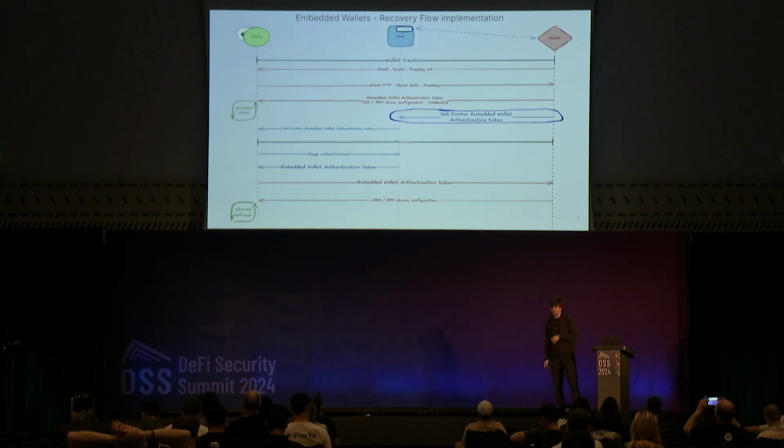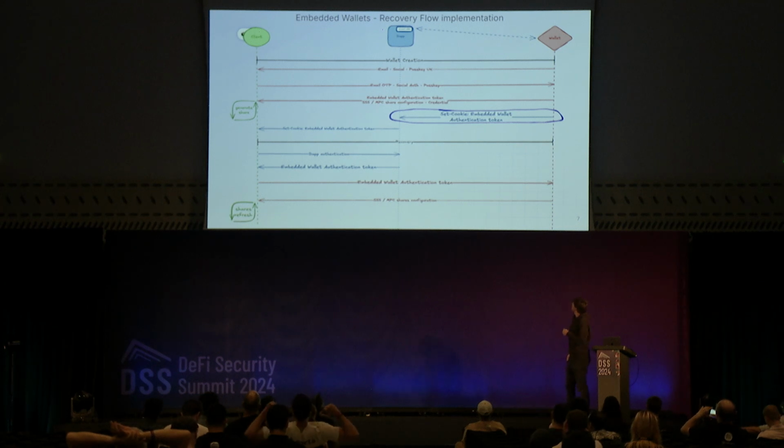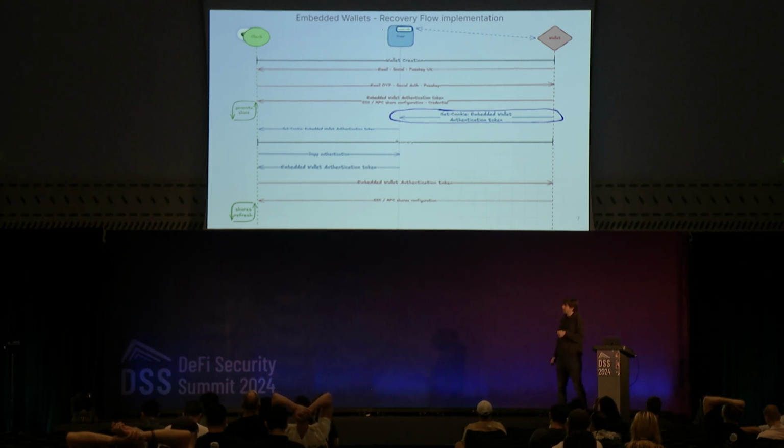What we've seen in production is that during the wallet creation, the embedded wallet provider is going to share the authentication token with the decentralized application. This will usually be set as a cookie.